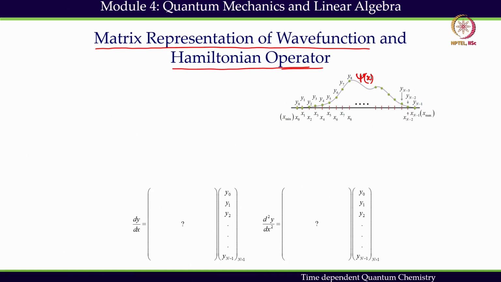So in the grid representation, this entire x-axis is divided into discrete grids, that is shown here, and on each grid the wave function value will be calculated. So wave function is now represented as a discretized wave function, and the separation is delta x.